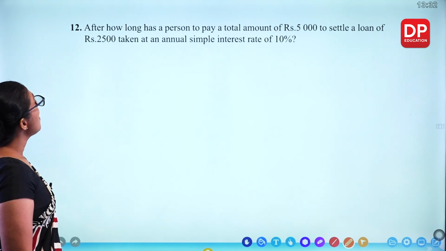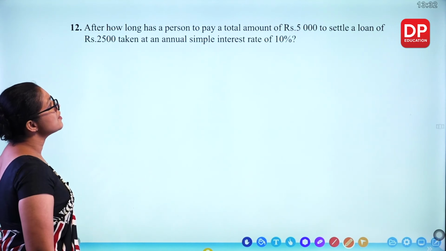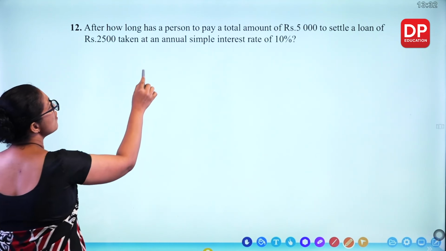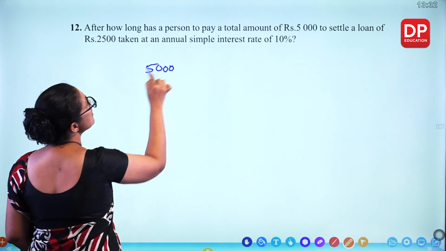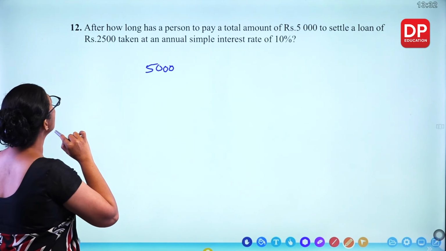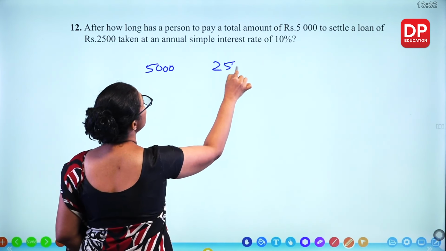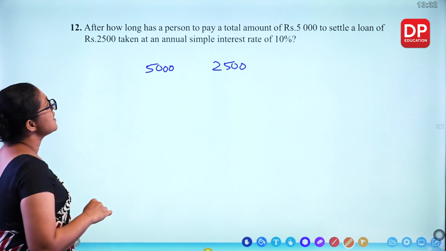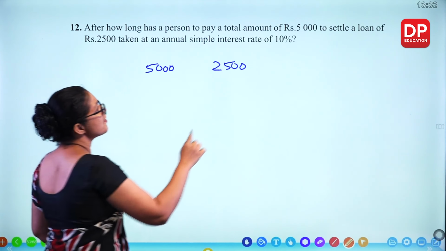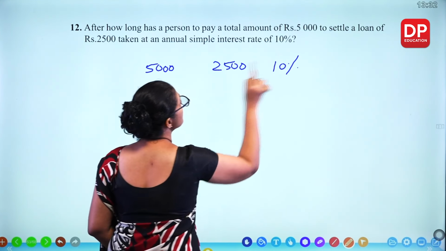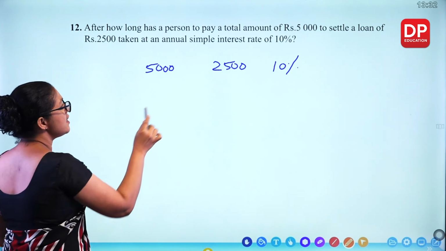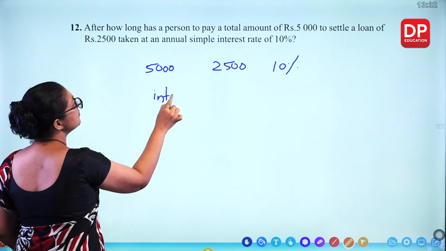Question number 12. After how long has a person to pay a total amount of 5,000 to settle a loan of 2,500 taken at an annual simple interest rate of 10%? So we'll first calculate the interest for 1 year.